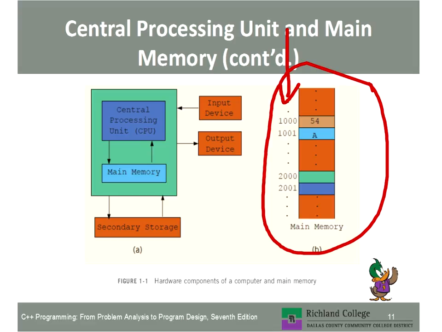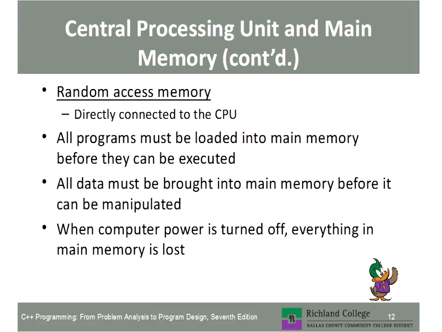Address 1001 contains the character A. We're going to address these memory locations with our code to store and retrieve information. That's going to be important to understand later on.